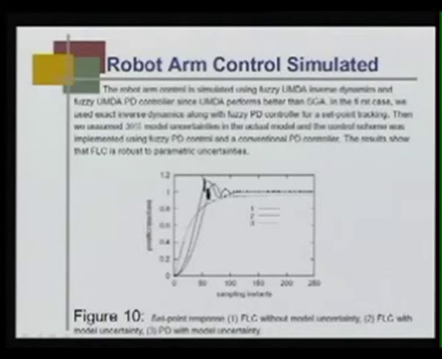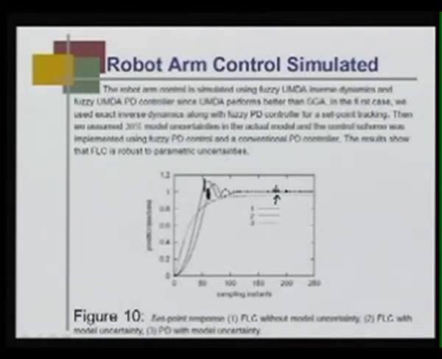But if you use the classical PD controller and assume 20% model uncertainties, obviously due to model uncertainties you cannot reach the exact set point. This is the desired set point, 1 radian, so there is an error between the actual and desired set point.